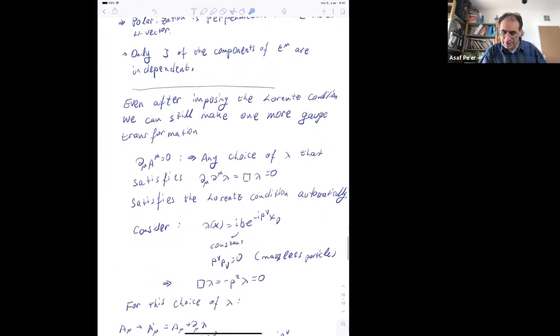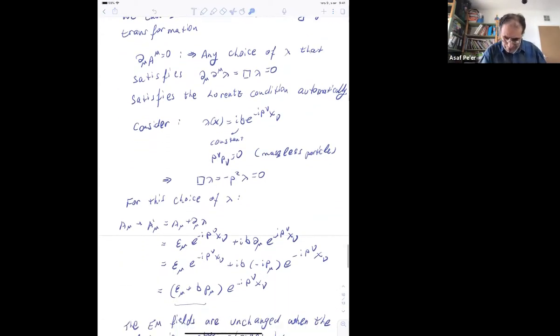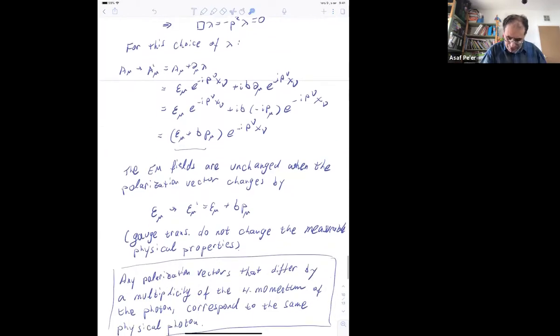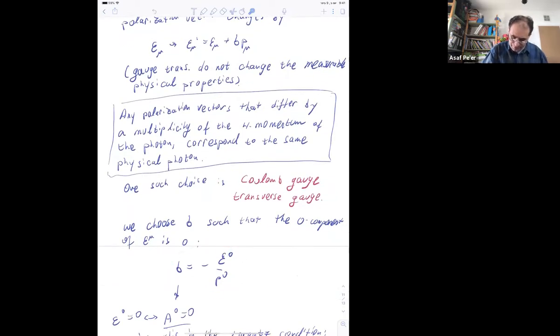But I said that this is not enough because I can still choose various values of lambda that would still fulfill the Lorentz condition. So I choose now one which is known as the Coulomb gauge or the transverse gauge, which essentially is the choice that the 0 component of this polarization vector is 0.